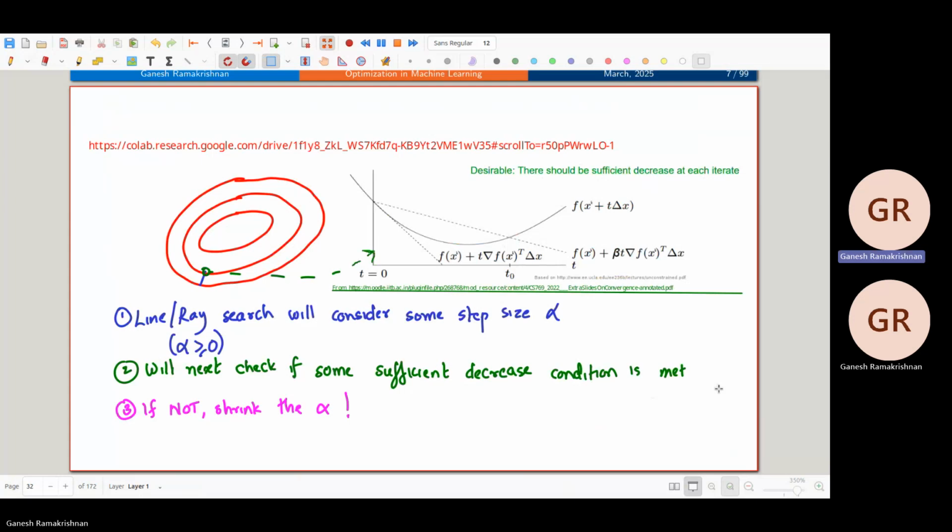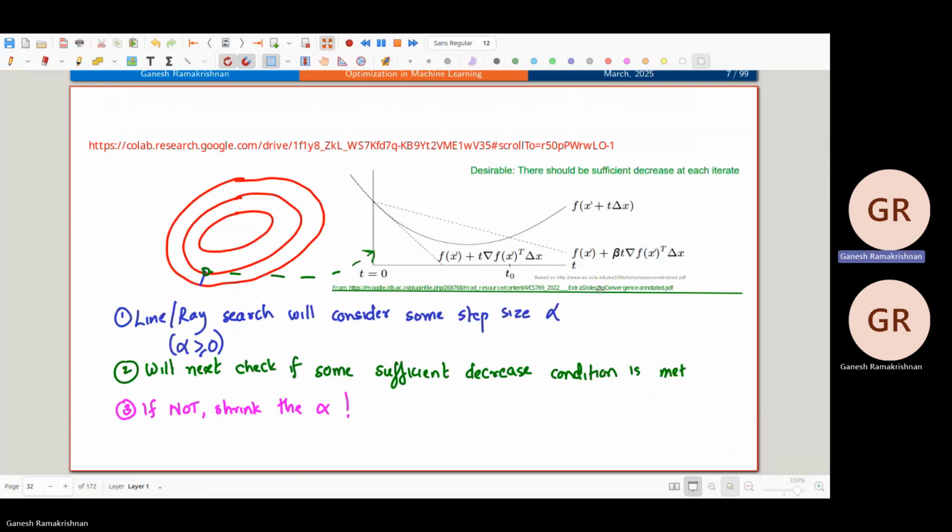And if the updates are not being met, the idea in Nesterov was you consider some alpha, and if the alpha is not reducing the function significantly, shrink the alpha. So effectively, your lambda is helping you with the shrinking. But what would the typical line search do?